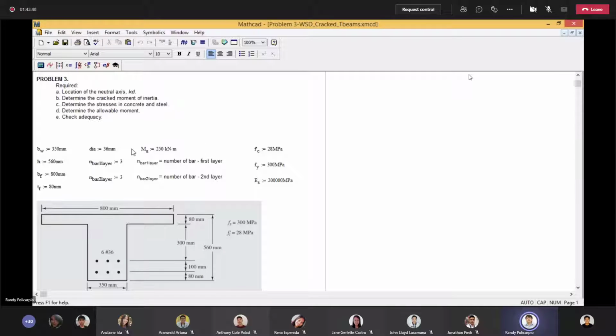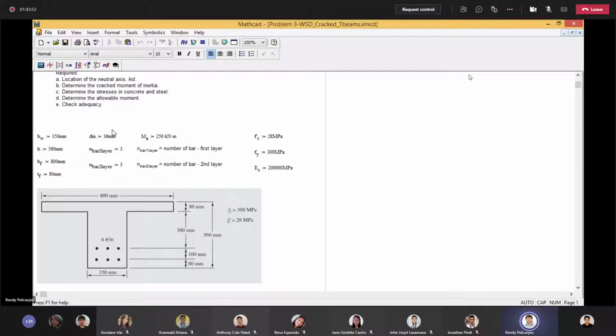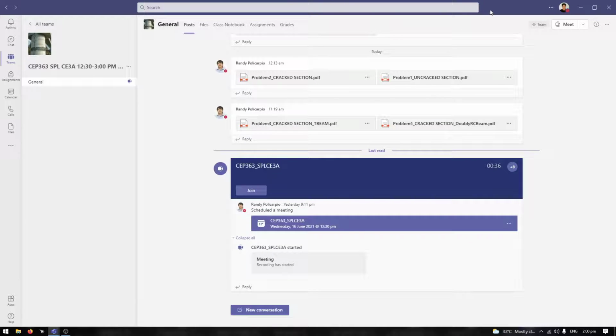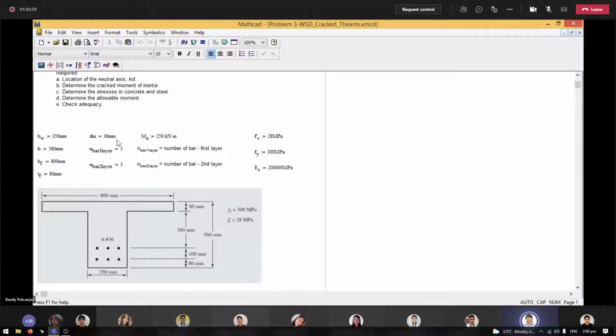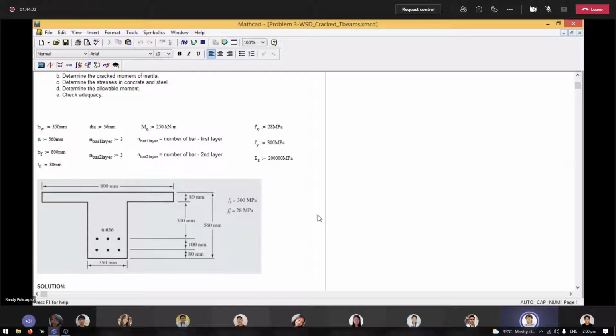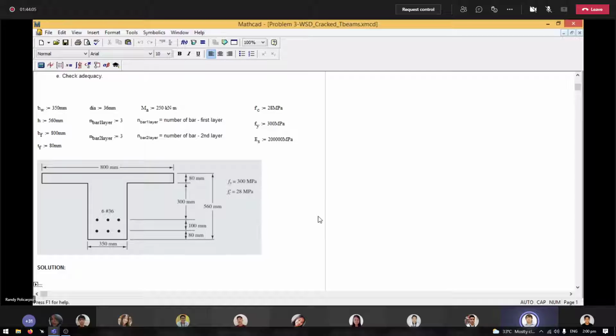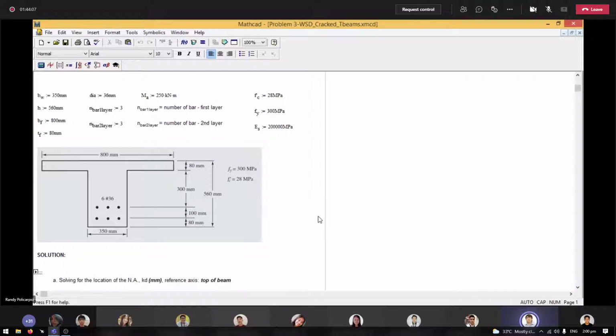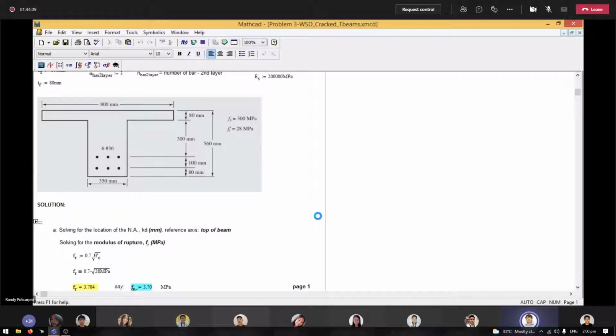The assumption here is that the beam is a crack section kasi napakalaki ng moment. Yung actual moment or acting moment natin napakalaki, so it will be more than the cracking moment. Kaya crack section tayo automatic.